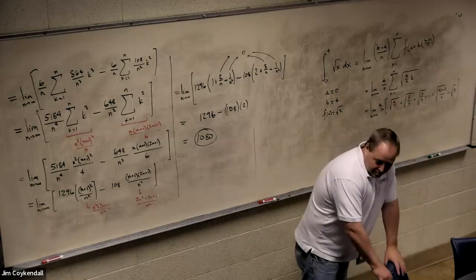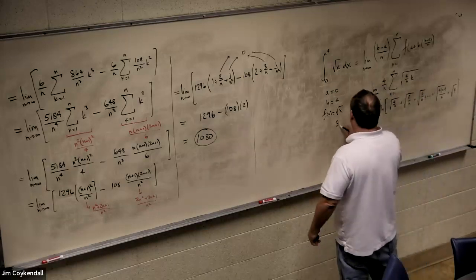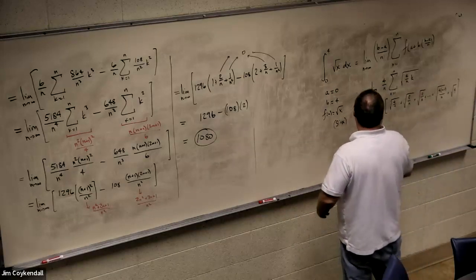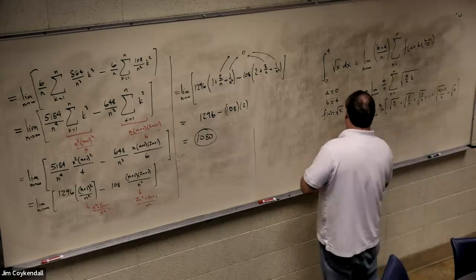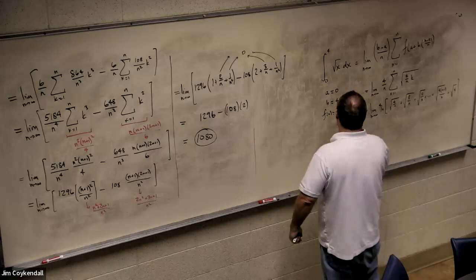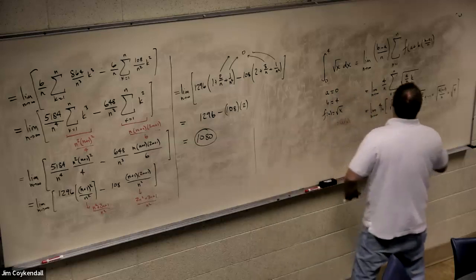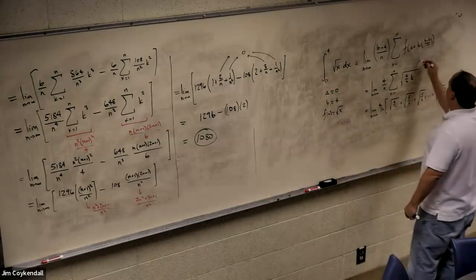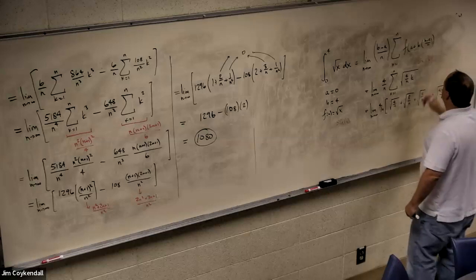And I'll give you another piece of bad news. Replace the square root function by, say, sine x. If we replace the square root function by sine x, then instead of this, we have sine of 4 over n k.